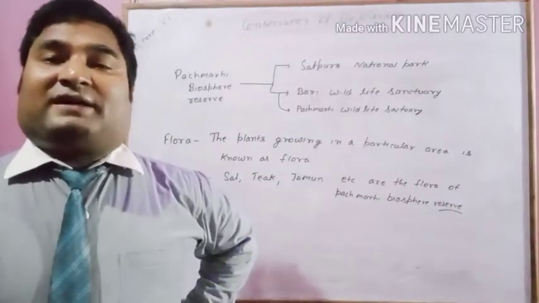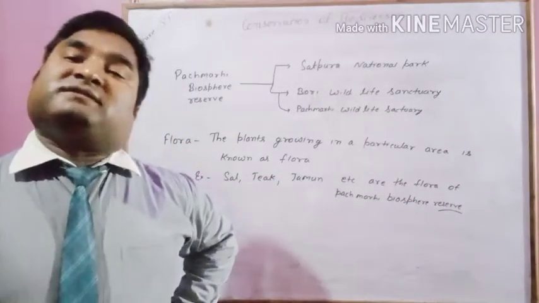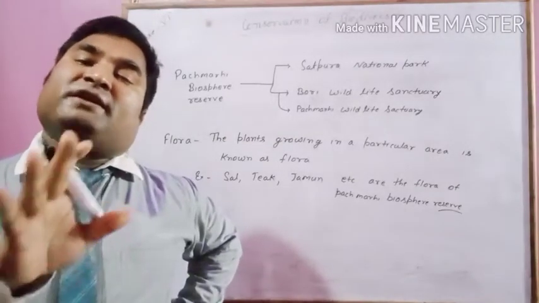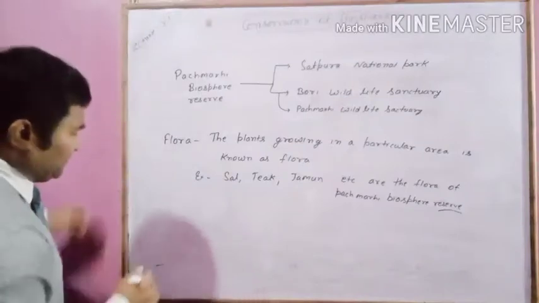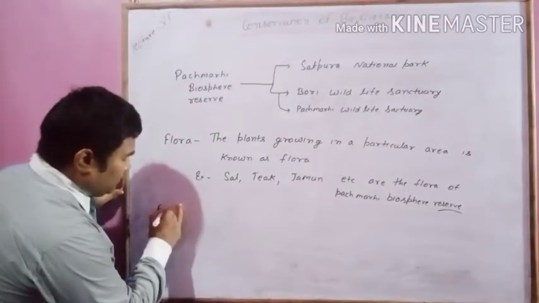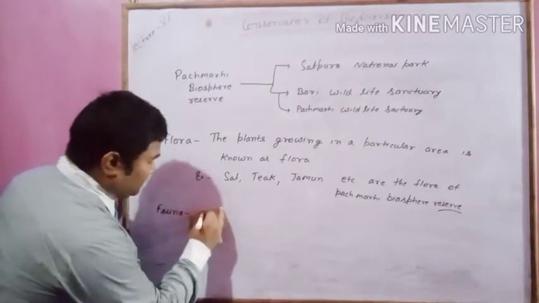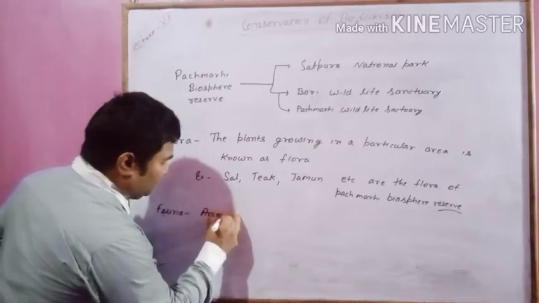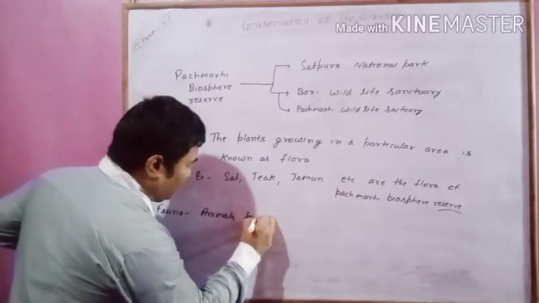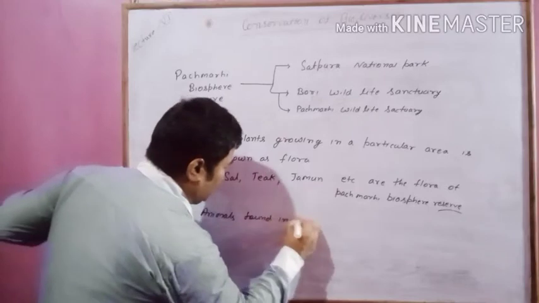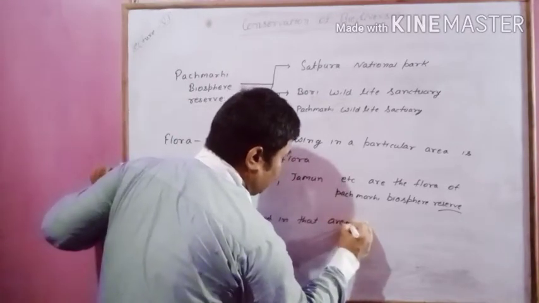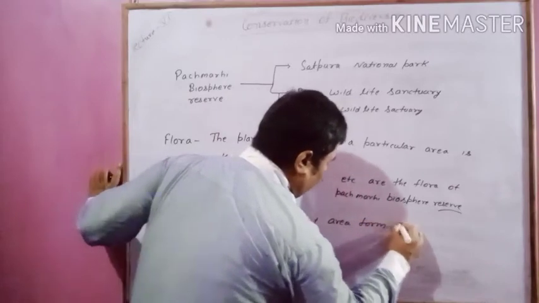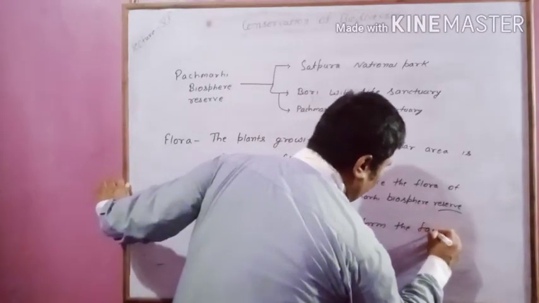Okay, the fauna. What is fauna? Means the animals that are found in an area are called the fauna of that area. Animals found in that area form the fauna.